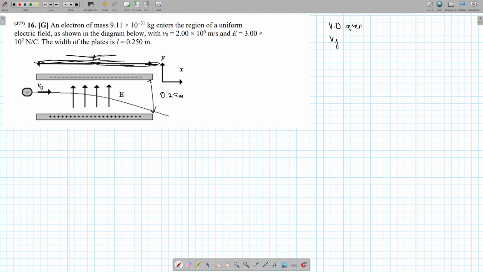We're going to call this Vy and this Vx. If the vertical distance is given, Vy is equal to root 2eqy over m, and Vx is always constant. Then if they ask to find the time, you substitute Vy is equal to eq over m times t.